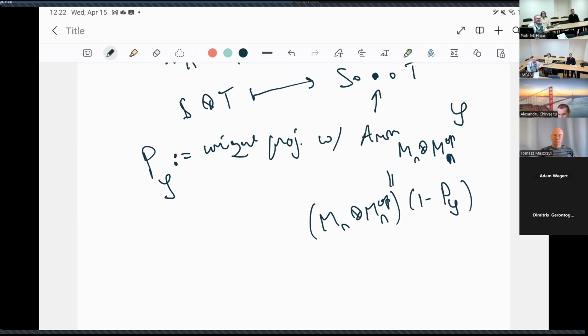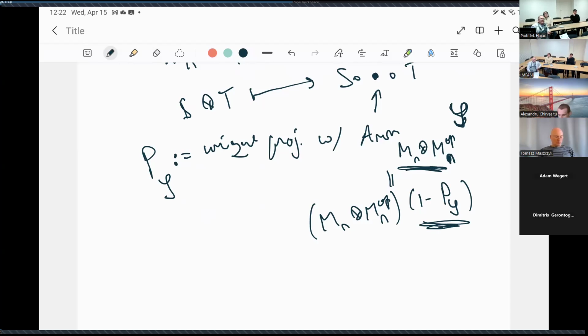So you act on Mn with this algebra, and some of those operators are going to annihilate your space S, and it can be shown that that ideal is generated by a projection. You call that projection 1 minus PS.